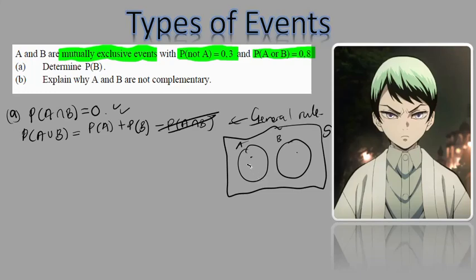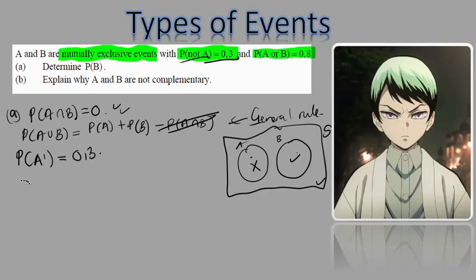And then I know there's a situation whereby I don't have A. The complement of A, which means what is not this, I just know that it adds up to 0.3. So let me write it here: the probability of not A, the probability of the complement of A, is equal to 0.3, right?